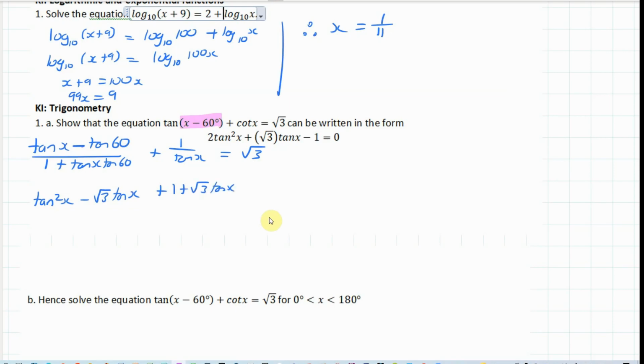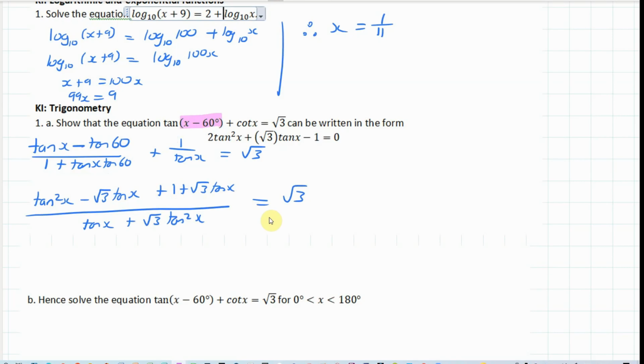So I've just multiplied this bottom bit by the 1 here, and that's all over tan x plus square root 3 tan squared x, and that's all equal to square root 3. Now all I've done there is make one fraction, so I've cross multiplied.